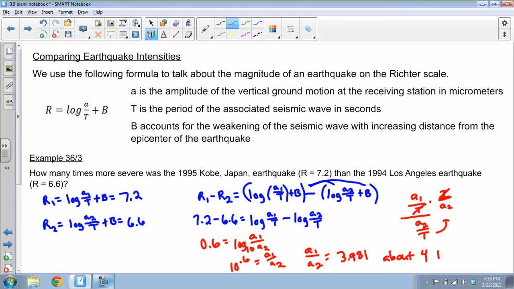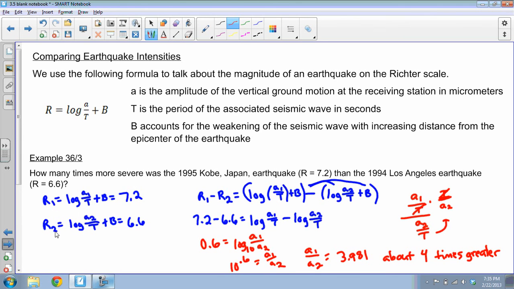About 4 times greater. When we're talking about times greater, it makes sense to round a number like that to 4. It's only 0.6 apart on the scale, yet 4 times greater, so obviously we've got an exponential thing going on here.